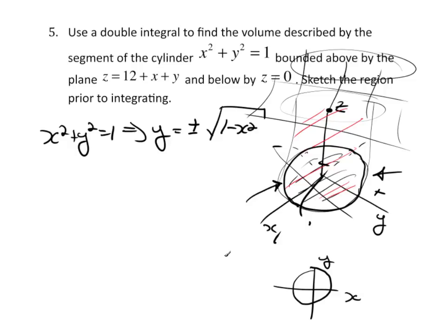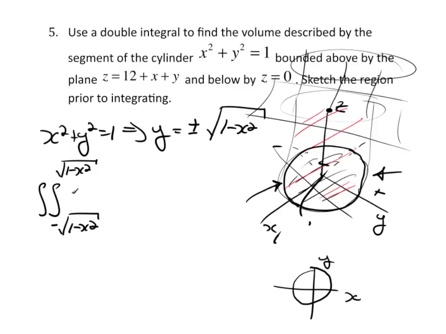So what I'm going to do is go ahead and set up this integral now. This is going to be the double integral. I'm going to start off going from negative square root of 1 minus x squared to the positive square root of 1 minus x squared. And this plane up here is the surface that I'm integrating underneath.